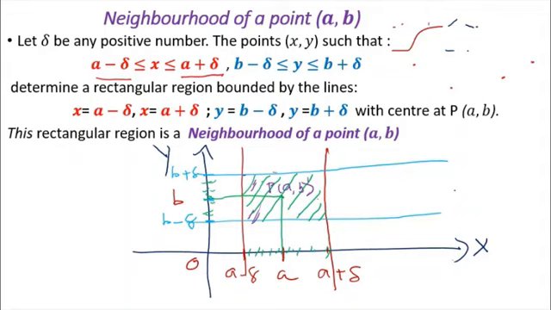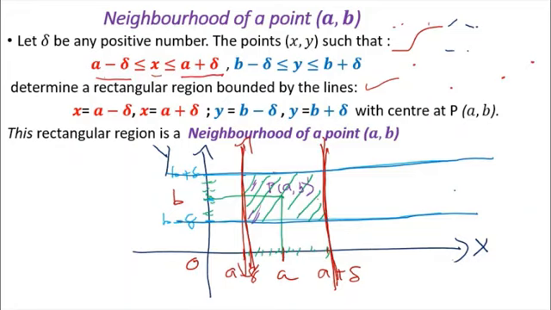Then the points (x, y) such that A minus delta less than or equal to x less than or equal to A plus delta, and B minus delta less than or equal to y less than or equal to B plus delta, determine a rectangular region bounded by the lines x equal to A minus delta, x equal to A plus delta, y equal to B minus delta, and y equal to B plus delta.